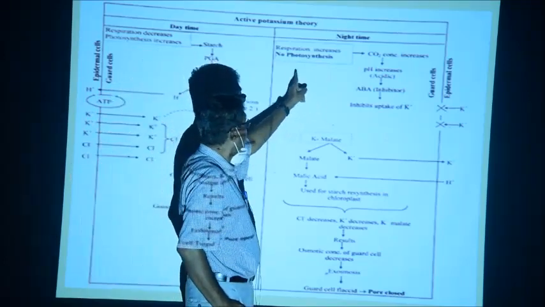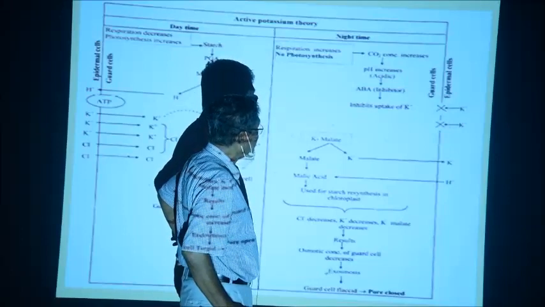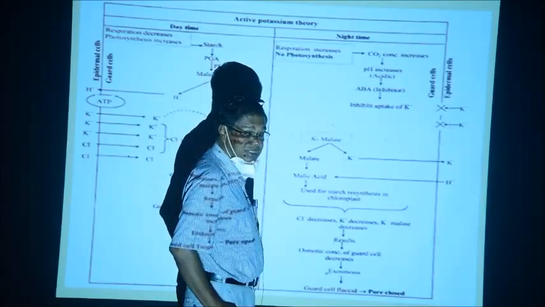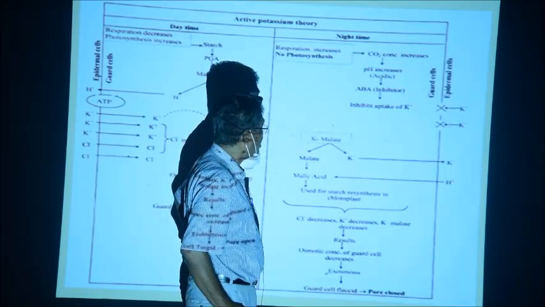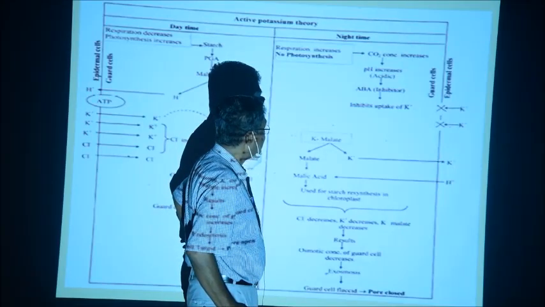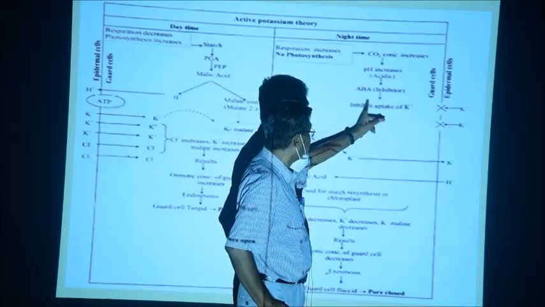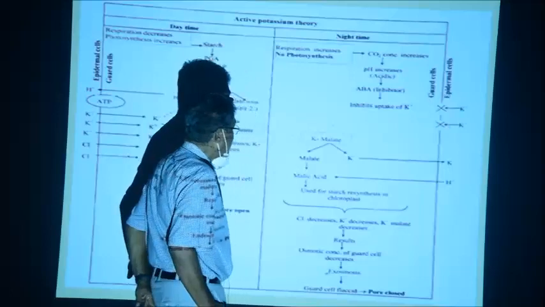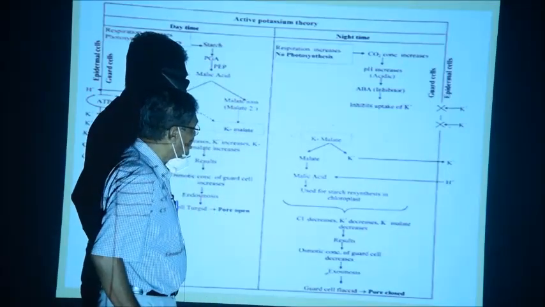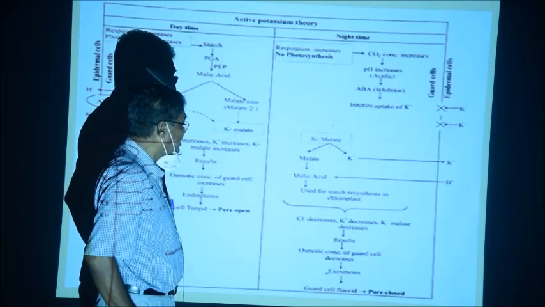Now, during daytime, there is an increase in carbon dioxide concentration of the guard cells because of respiration. pH decreases, it is wrongly written, decreases.